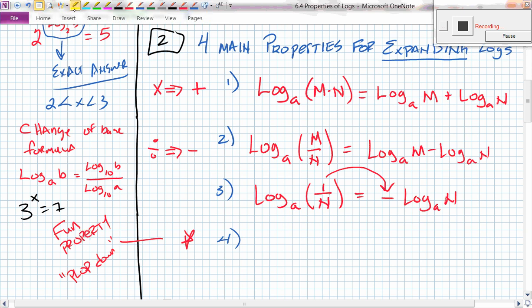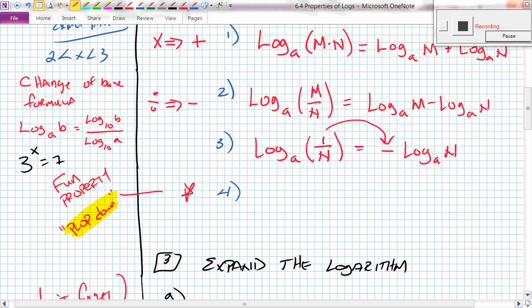And number 4 has fundamentally been dubbed the plop down by third period. You can talk to third period about that. It's my favorite property of all. It goes like this. The log base a of m to the r. Now this is different than the first property, number 4, right?